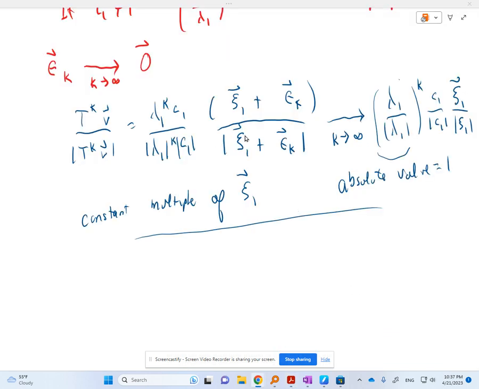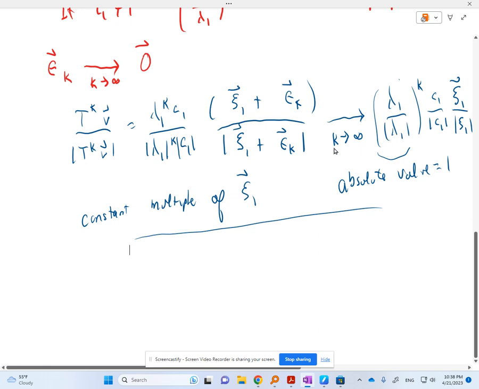Okay, so apart from fudging this a little bit, the fact that this number here may not actually converge, but the absolute value of this will certainly converge, right? And the direction does converge, right? The direction converges in the direction of the largest eigenvector.